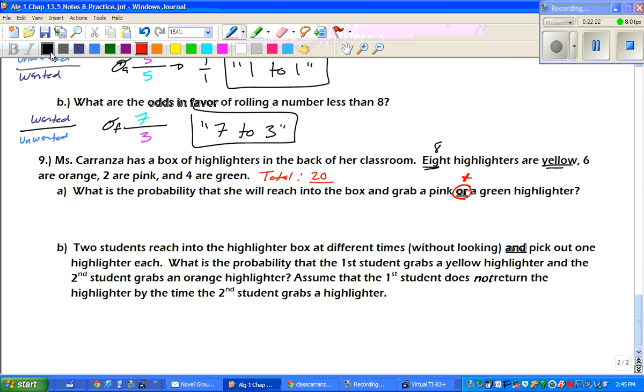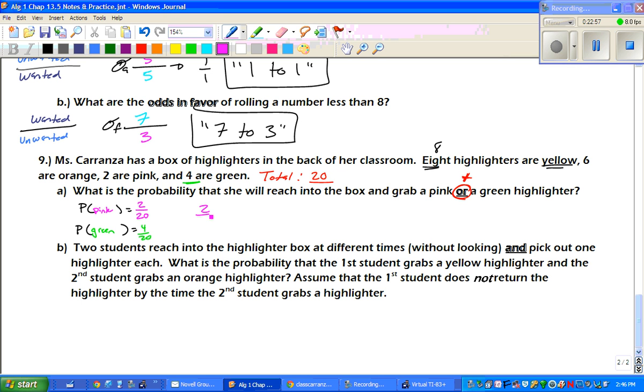Remember that that's adding. So the probability that she's going to grab a pink would be 2 over 20. I'll actually write that in pink too, just to be a little bit more fun. And then the probability that she's going to grab a green highlighter is going to be what? 4 out of 20.